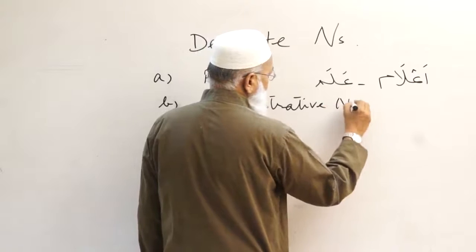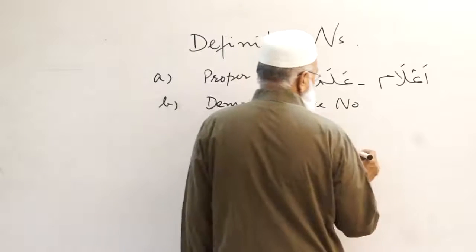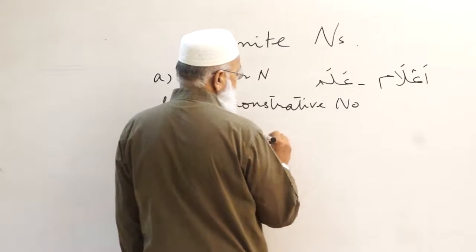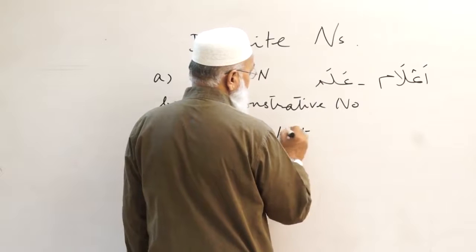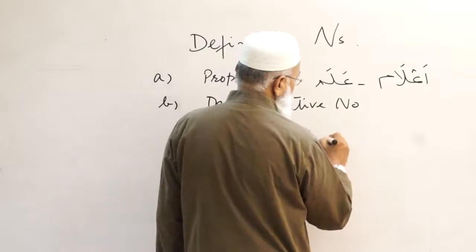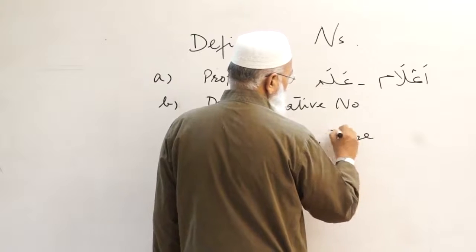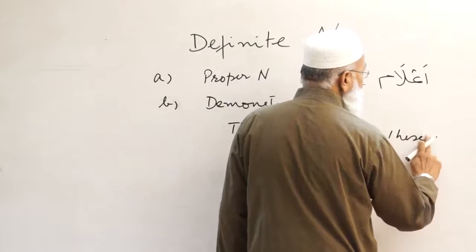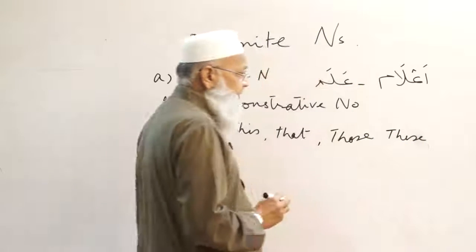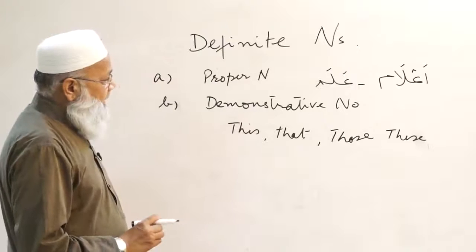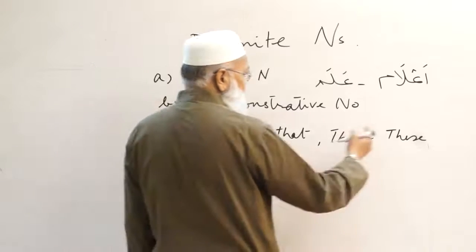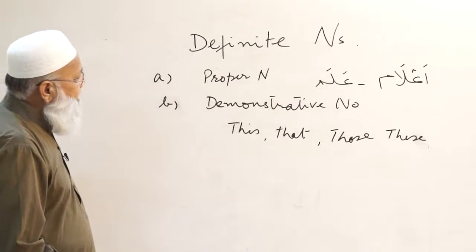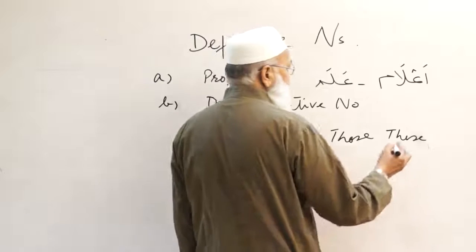Demonstrative nouns. This, that, those, these are the demonstrative nouns in English, and the parallel Arabic nouns are called the Asma'ul Ishara.